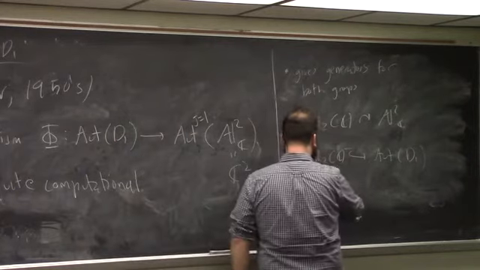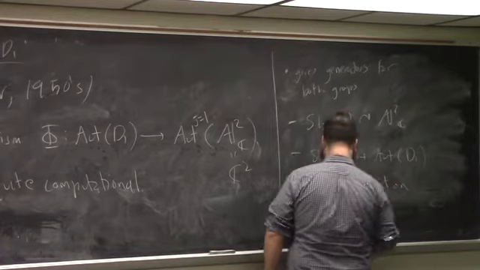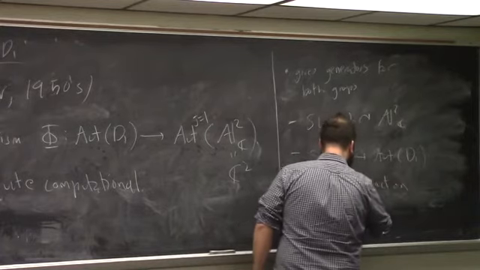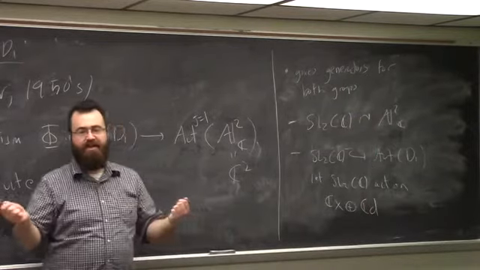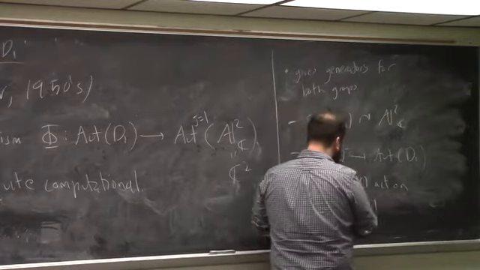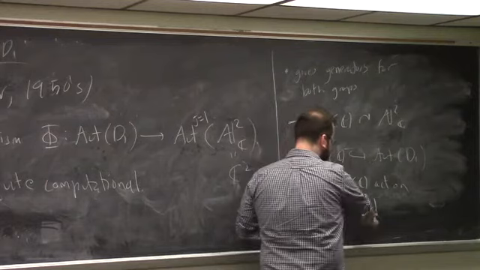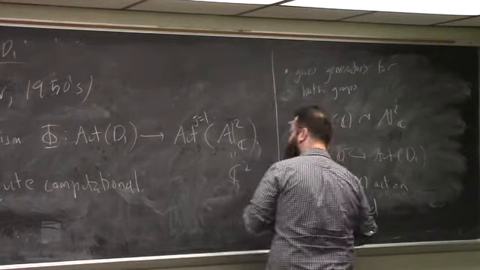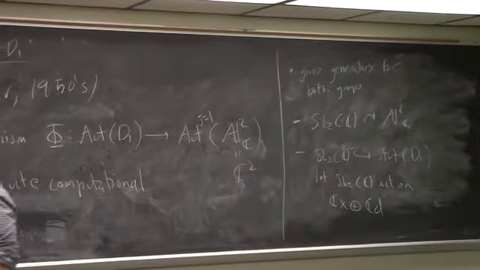So you let SL2 act on the vector space Cx plus Ct, right? This is a vector space that generates the algebra. If I take a linear automorphism of this vector space, the only thing that I have to check is that this linear map is an algebra automorphism, right?